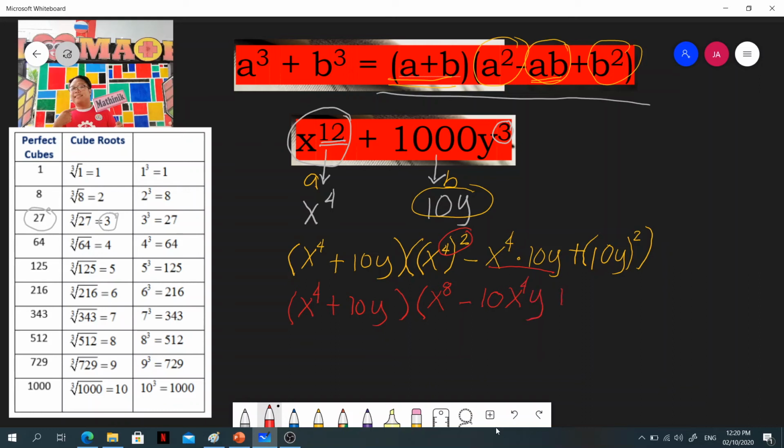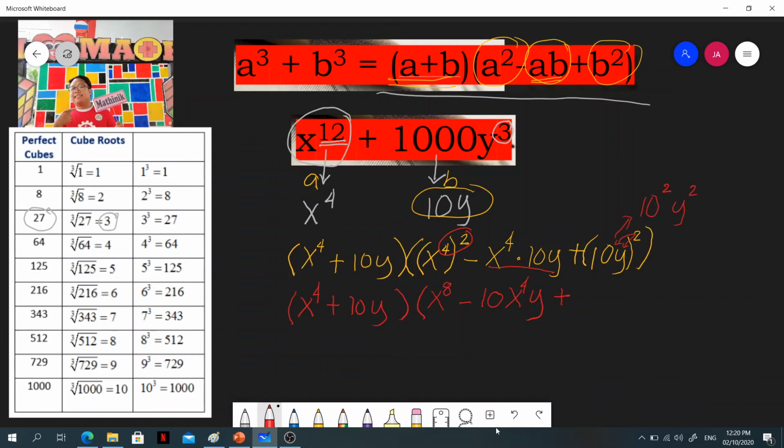And then plus. So, dito tayo. Ito, ang itsura niyan ay magiging 10 squared y squared. Dinidistribute po natin ang exponent sa bawat number or variable.